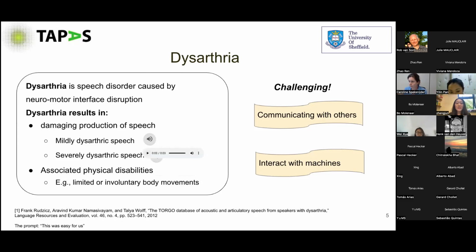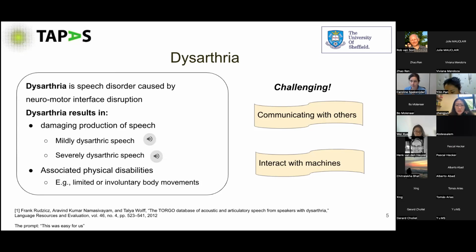As we can hear, the dysarthric speech, especially... I think you didn't share the audio. I couldn't hear it. When you share in Zoom, you need to click down; there is an option for sharing the audio. Probably you didn't do that. Okay, let me see if I can share the sound.